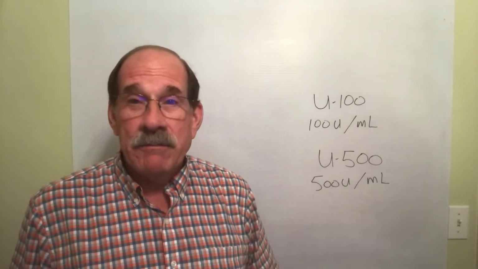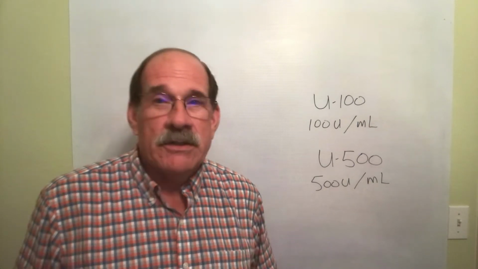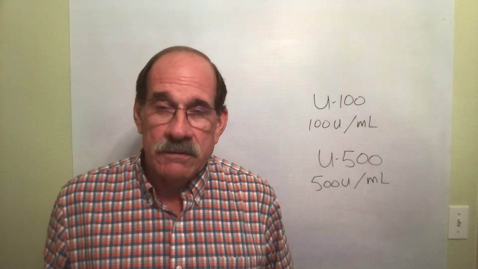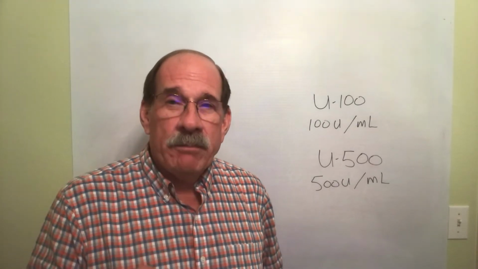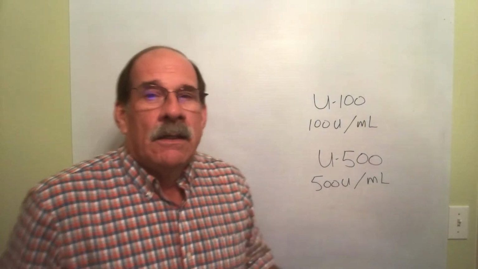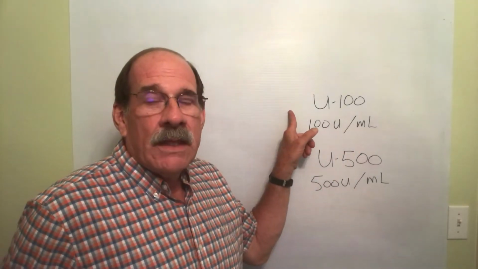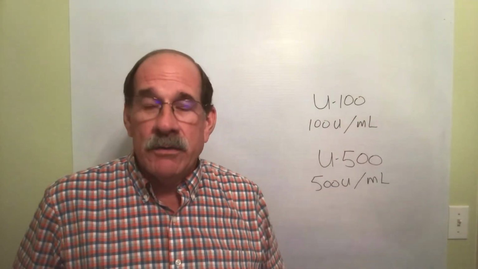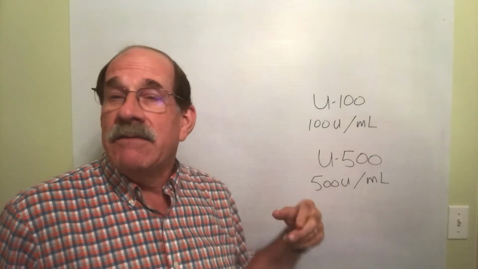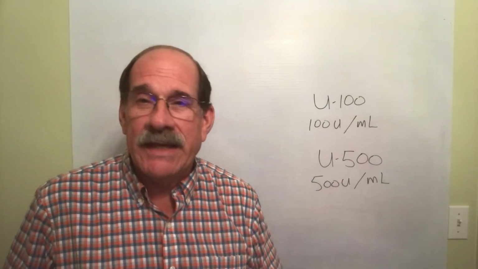It's 5 times more powerful, it's 5 times stronger, and you will use separate syringes for those. The normal, typical insulin syringes, which I'm going to show you in the next video lecture, you don't use for this. It takes a special U500 syringe to give this. And I'll show you a picture and talk about that too.